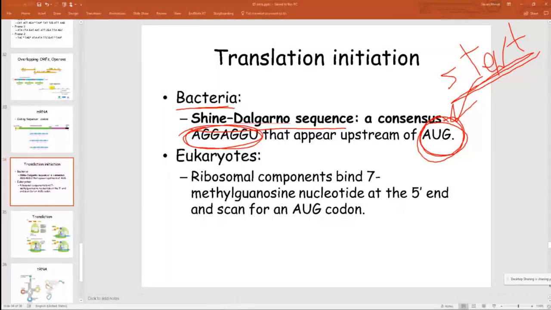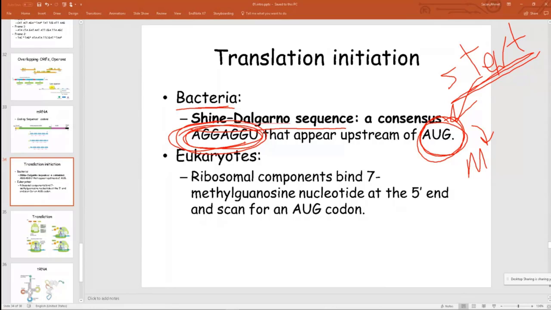When the ribosome hits an AUG, that's where it starts producing a protein. Okay, so an AUG will produce a methionine amino acid. Before this AUG, we have this consensus sequence that the ribosome recognizes. The ribosome will come and bind to this Shine-Dalgarno sequence, and then sort of start scanning. Actually, it's very close. It doesn't even have to scan, and it'll start translating from the AUG.